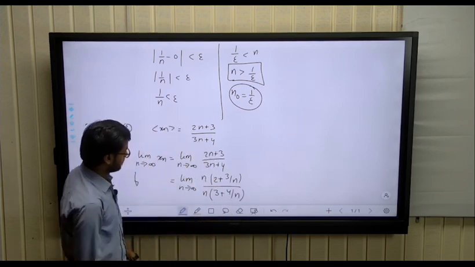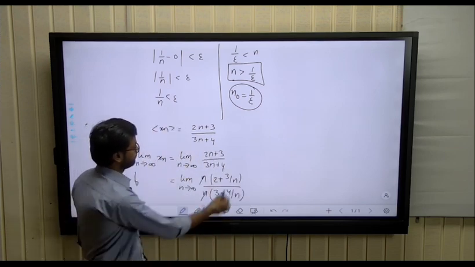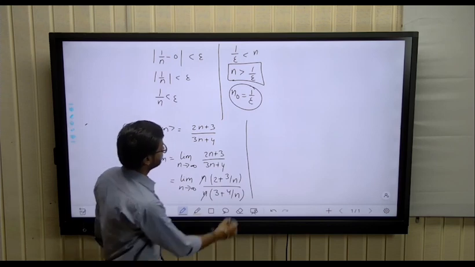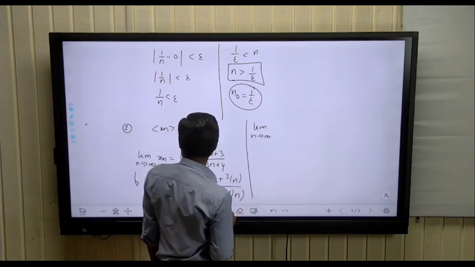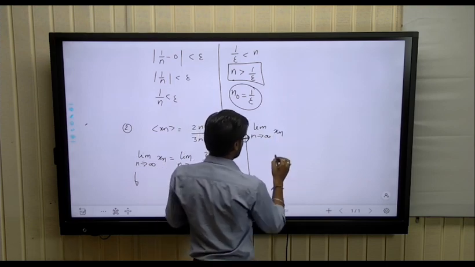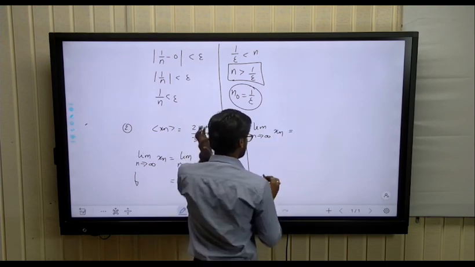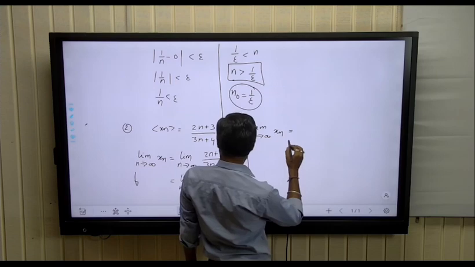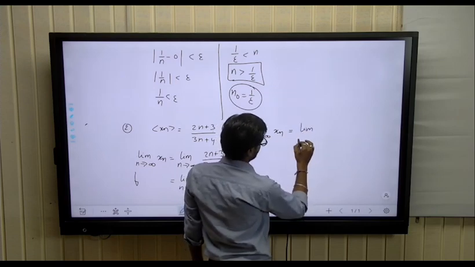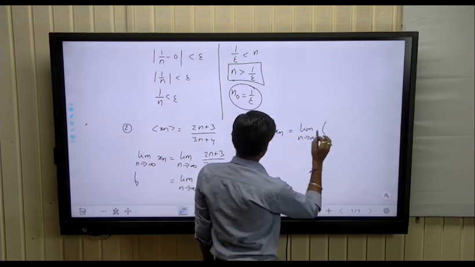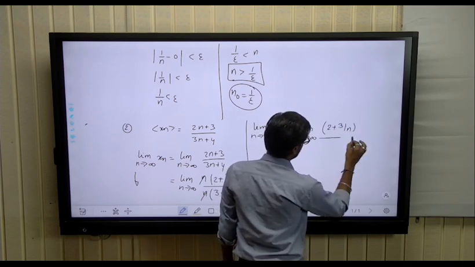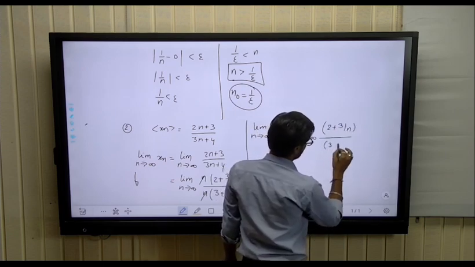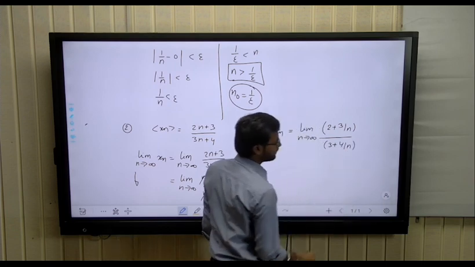Like this, cancel out the n from n. Now limit n tends to infinity xn is equal to limit n tends to infinity (2 plus 3 upon n) upon (3 plus 4 upon n).